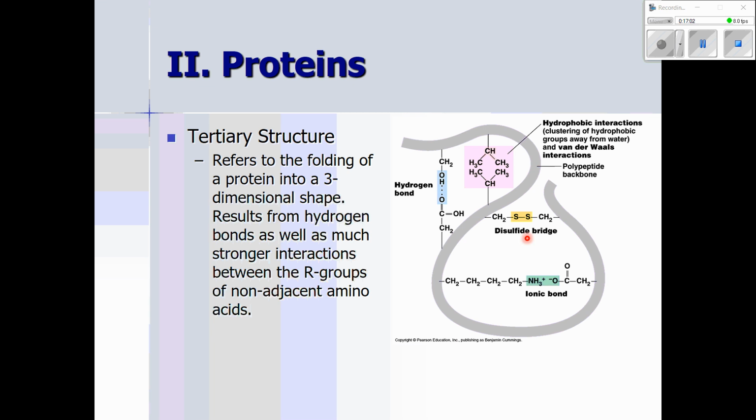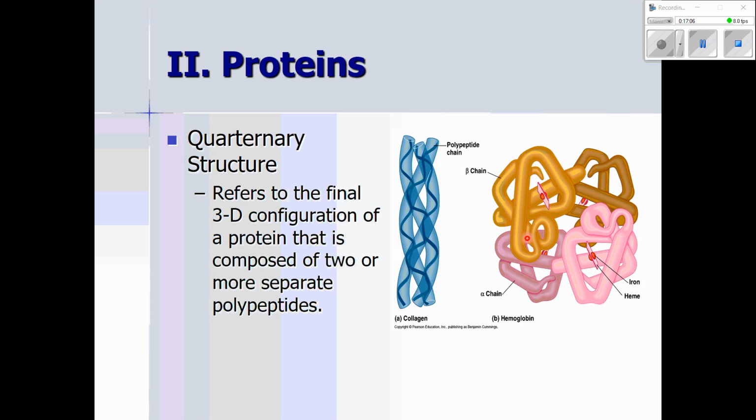A good example of a protein that does have the 4th level is hemoglobin. So here's a good picture of a hemoglobin protein. And you notice that the hemoglobin protein is so large and so complex that it's actually made up of 1, 2, 3, 4 separate smaller proteins. It's one big protein that's made up of multiple polypeptides.